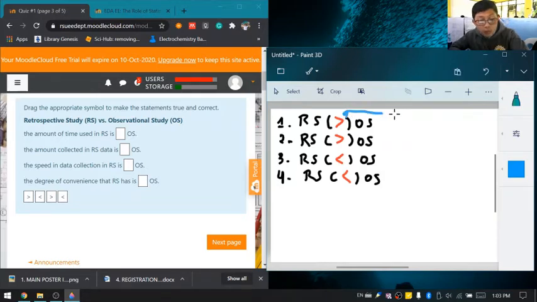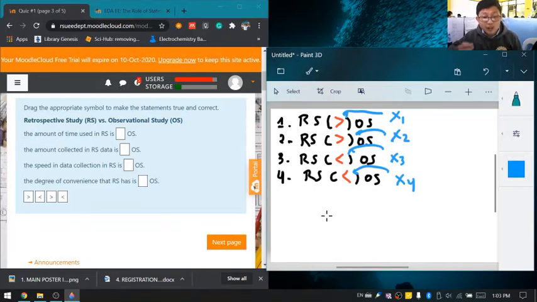So probably Moodle will say that the first answer is x1, the second is x2, this is x3, and this is x4. Now, since the questions and the choices are all shuffled or random, it could be that the choices, as you can see here, are also shuffled or random.